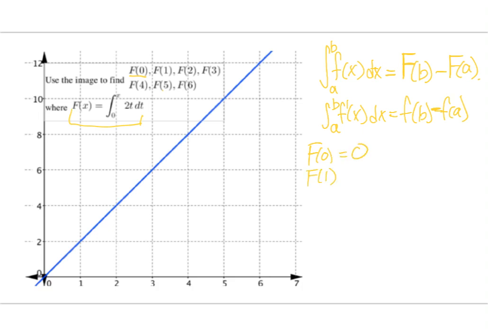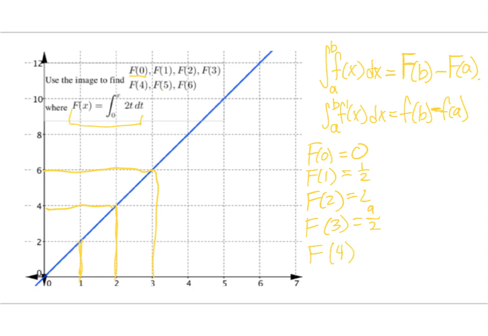F of 1, that would have an area of 1/2. F of 2, that would have an area of 2. F of 3, okay, so that's 3 squared, so that's 9 over 2.